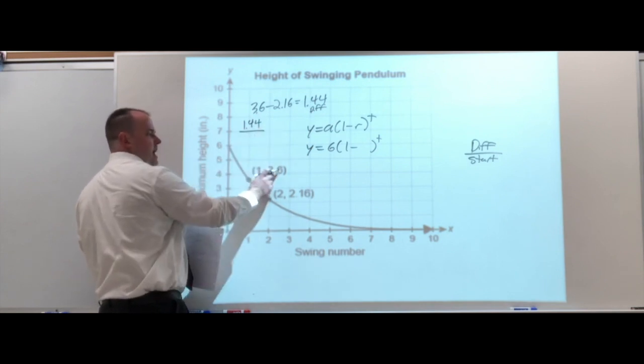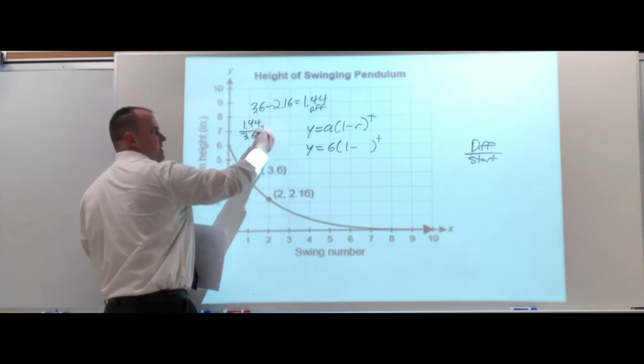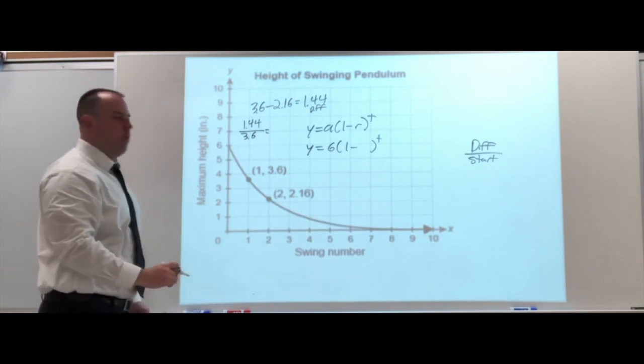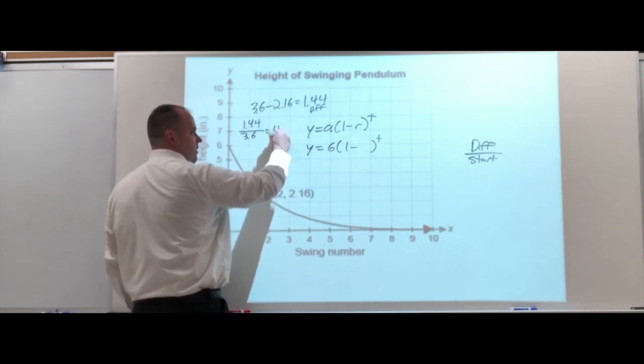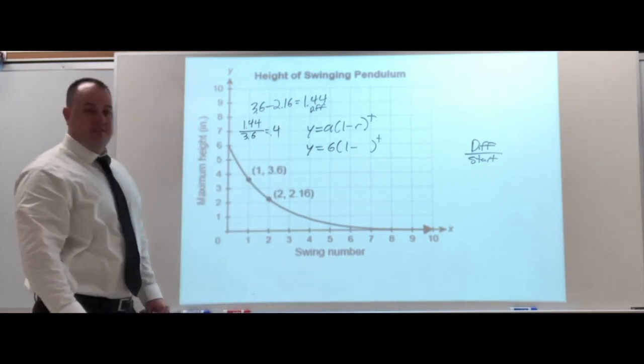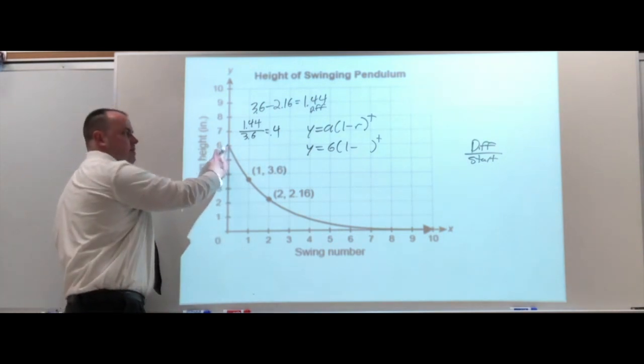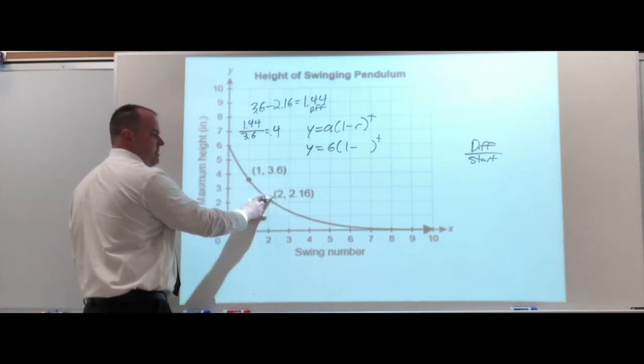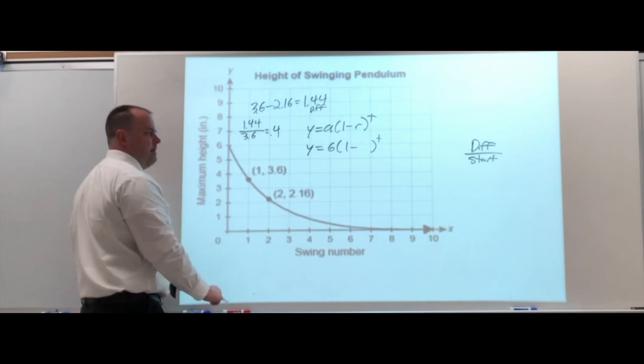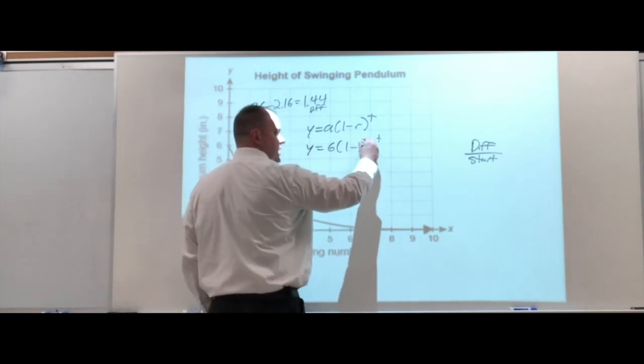So 1.44 divided by 3.6 gives us 0.4 for our rate. It's still difference divided by start. We just didn't use the very beginning here. We used consecutive points, and 0.4 is our rate.